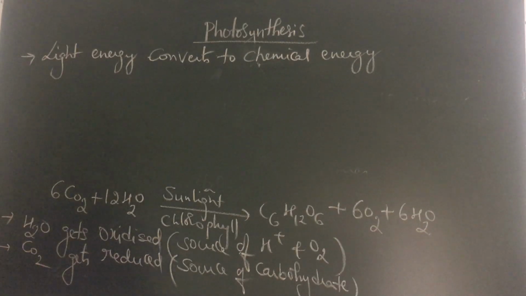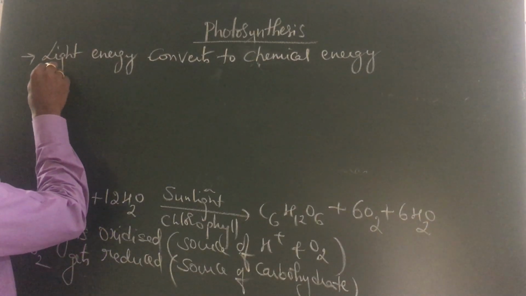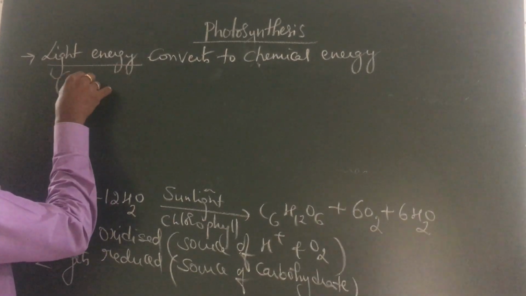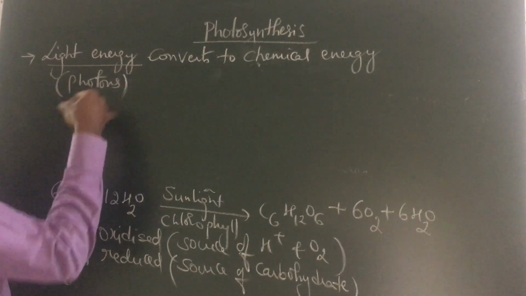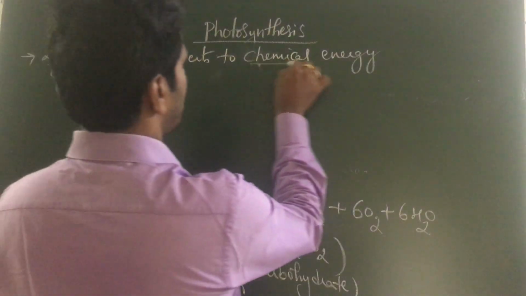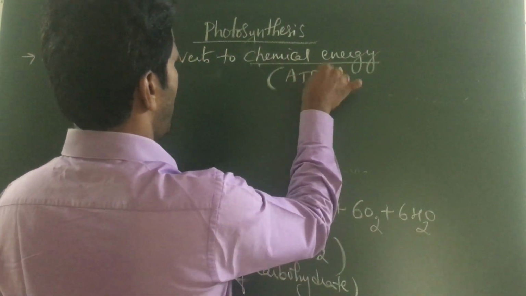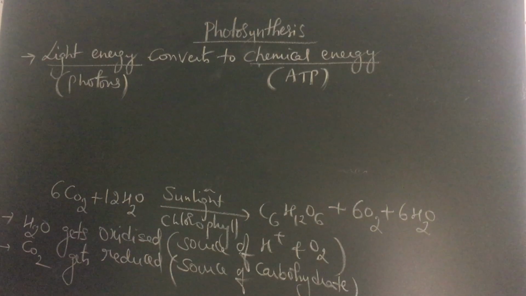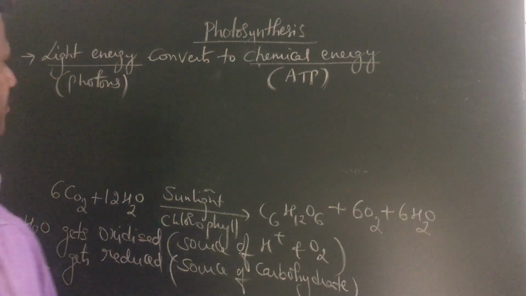Here, light energy in the form of photons is converted to chemical energy, which is ATP. So that is a physico-chemical process.